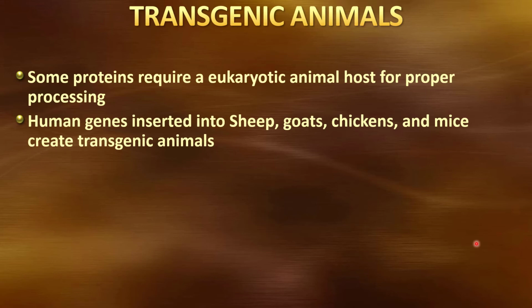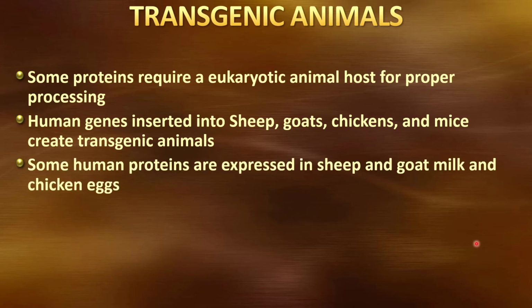We can insert human genes into organisms like we've used sheep, goats, chicken, mice, creating transgenic organisms, and now we can actually understand a little bit more the physiological mechanisms behind some of those diseases that we couldn't really understand at the cellular level. We can get these other organisms to express human proteins. As long as the human genes are there, the mechanism for producing the correct protein is there. And so these other organisms can express these genes.